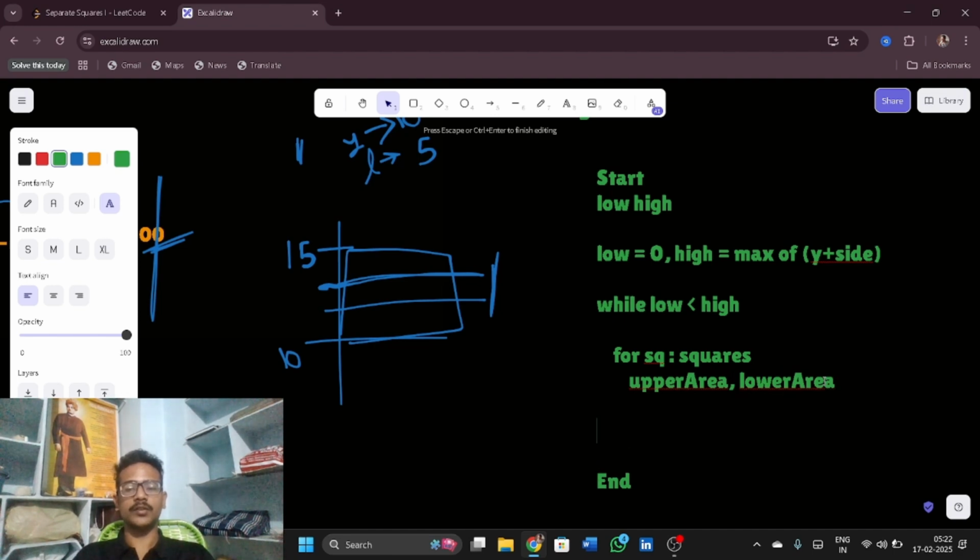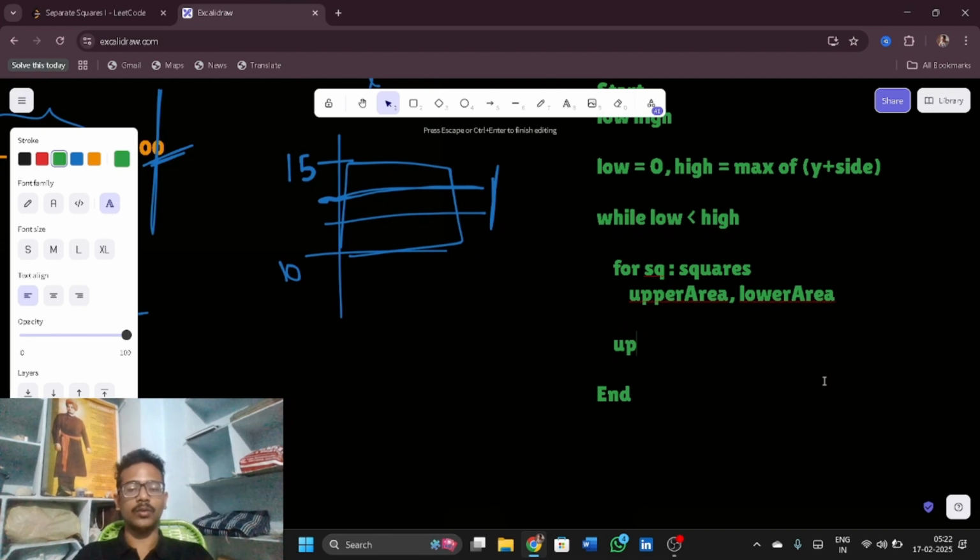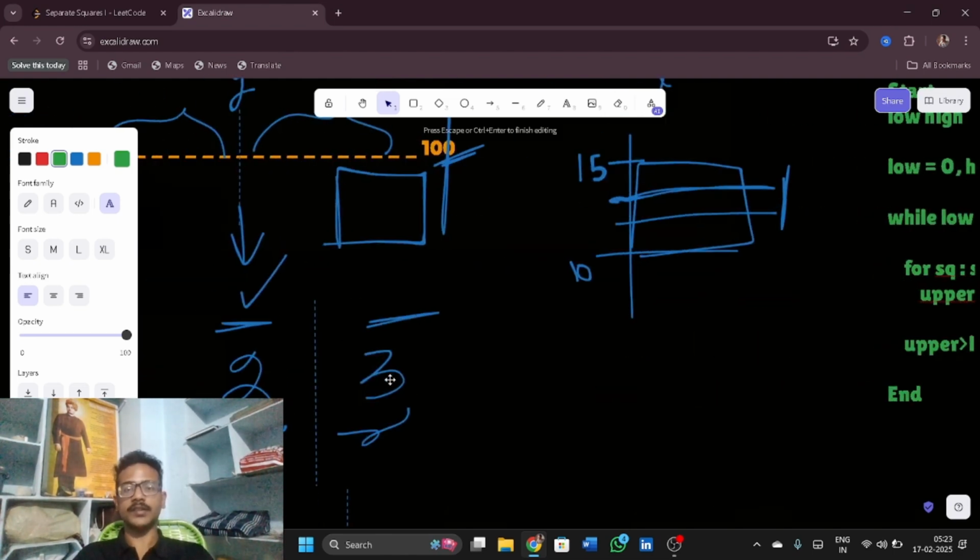So imagine if upper is greater than lower.